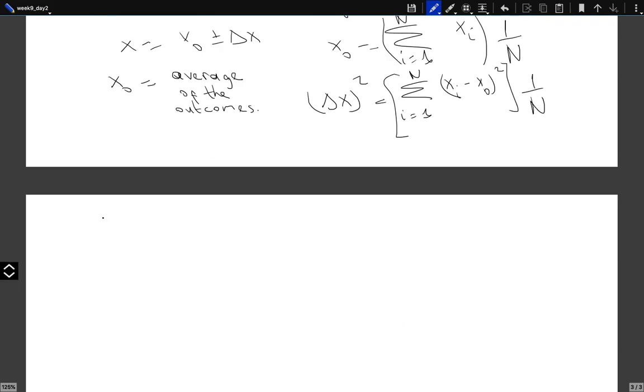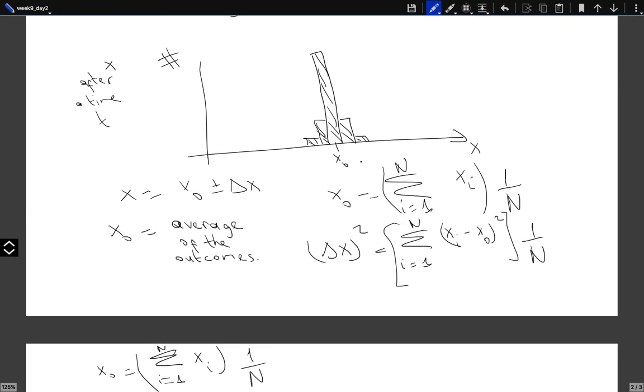Well, let's look at this one. And again, for simplicity, let me assume that xi gave me 5 different values. Let me call those values y0, y1, y2, y minus 1, y minus 2.